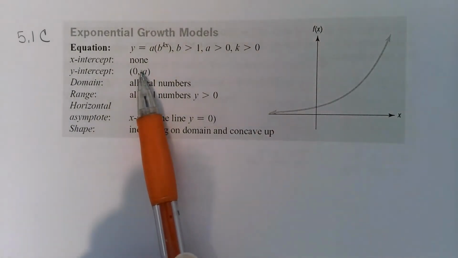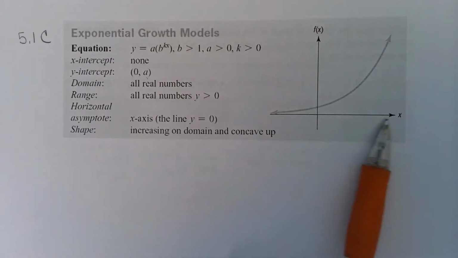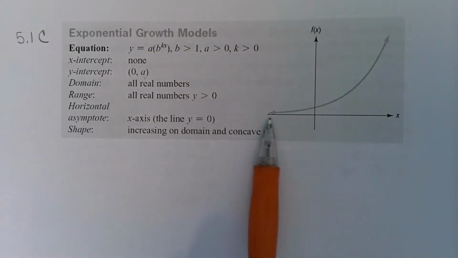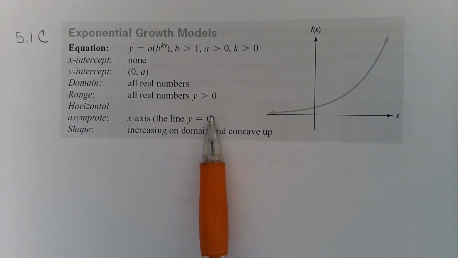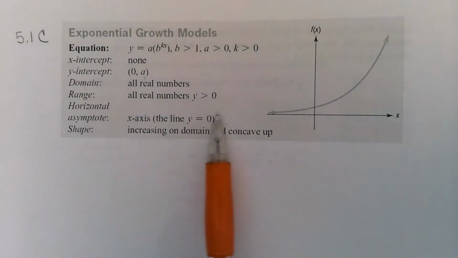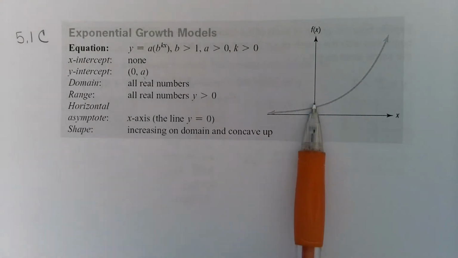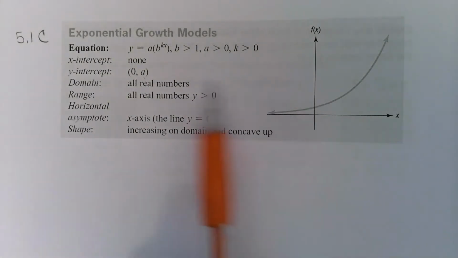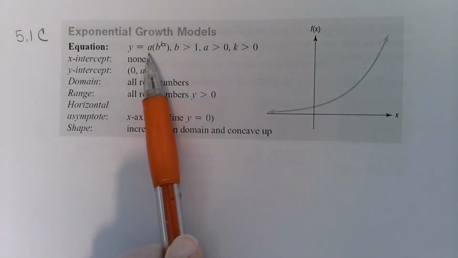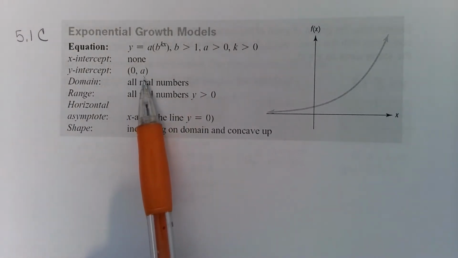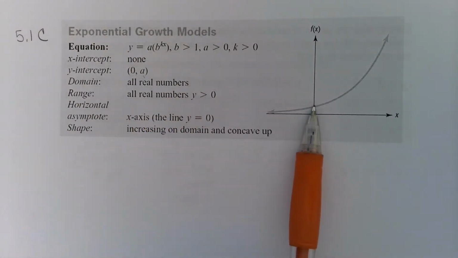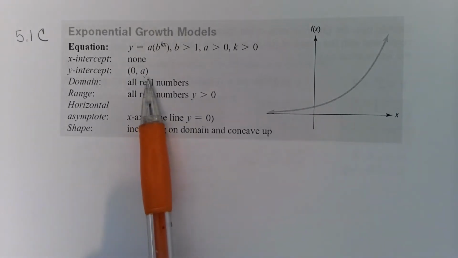As we discussed earlier, this will not have an x-intercept. It will never cross the x-axis. It will get down and hug it down here at the end, but it won't cross it. The y-intercept, instead of being (0, 1) here, because we have a constant multiplier of a in front, will always be at (0, a).